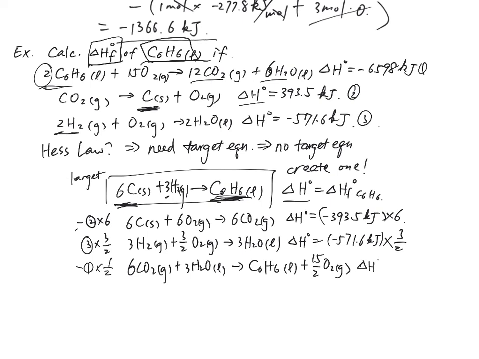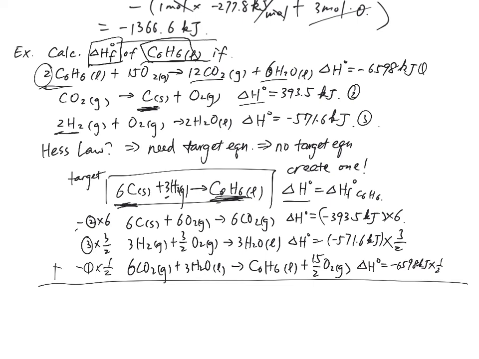And the delta H standard, of course, now is negative 6598 kilojoules times 1/2. All 3 components taken care of. Now we can add them up.